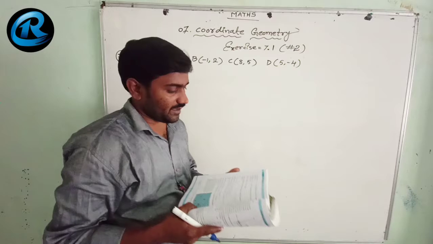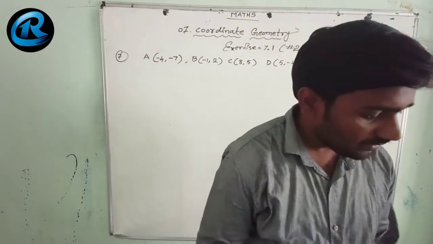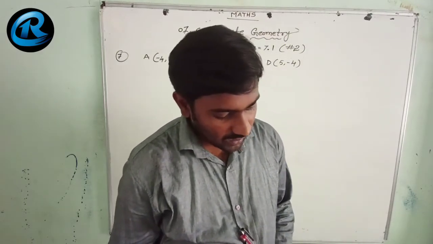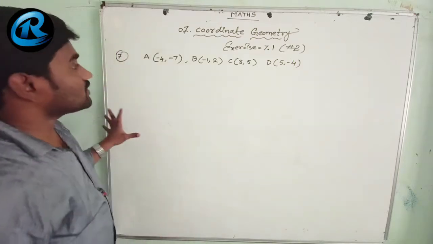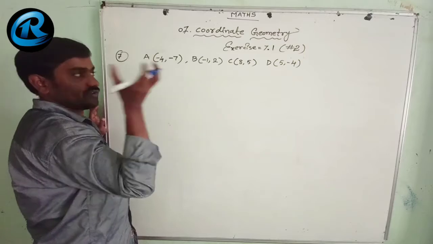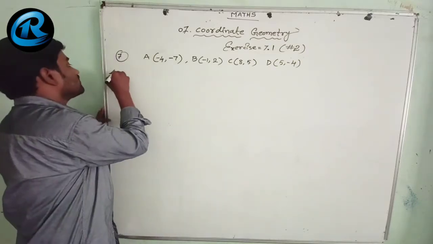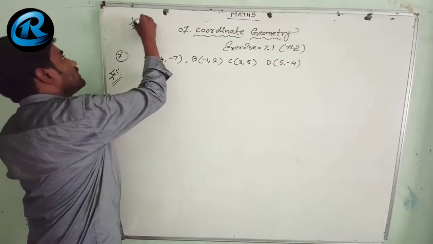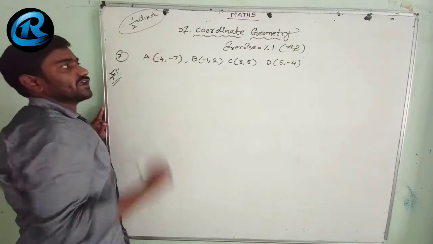Find its area. We have to show that these vertices form a rhombus or not, and if it is a rhombus, we have to find out its area. Okay, area of the rhombus formula is 1/2 into d1 into d2, that means 1/2 into diagonal 1 into diagonal 2.